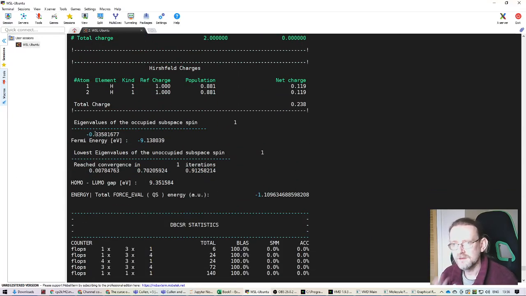You see, it actually gives these eigenvalues of the individual energy levels. So there's one energy level which two electrons can occupy at a binding energy of minus 0.3 atomic units, which is 27.2 electron volts.